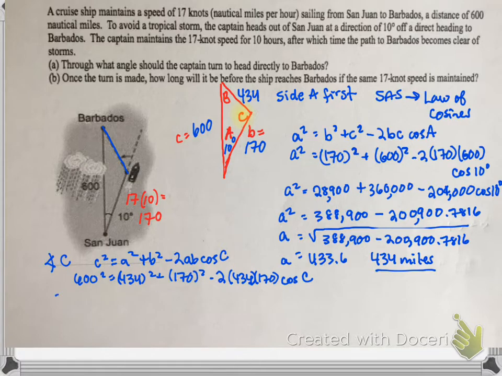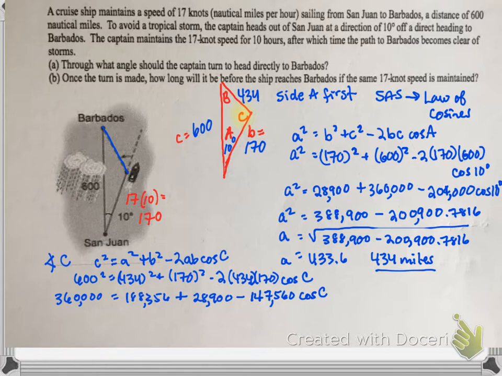Okay, so we get 360,000 equals 188,356 plus 28,900 minus 147,560 cosine of C. So I'm going to go ahead and put in commas just so it doesn't look so messy. Okay, so we got that.